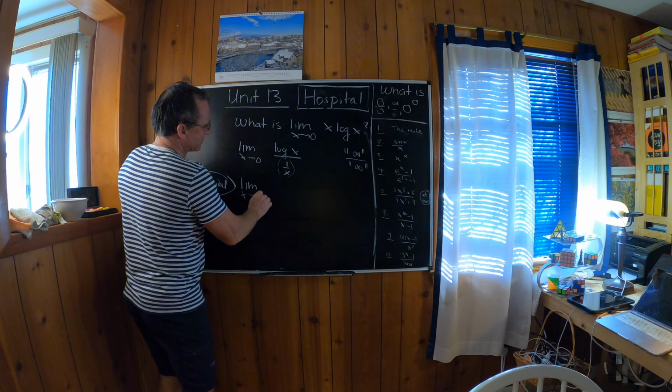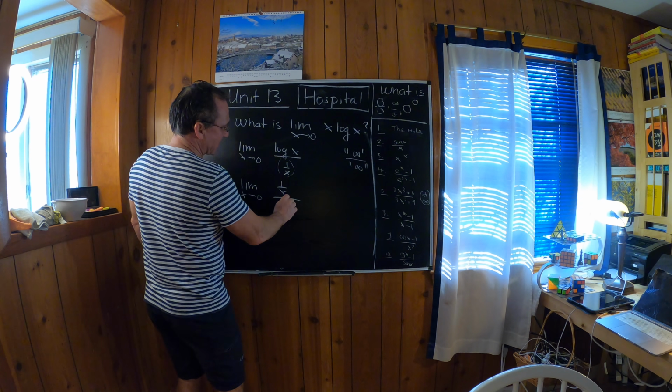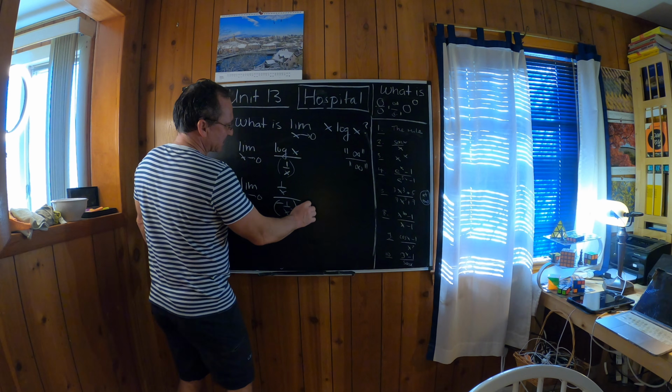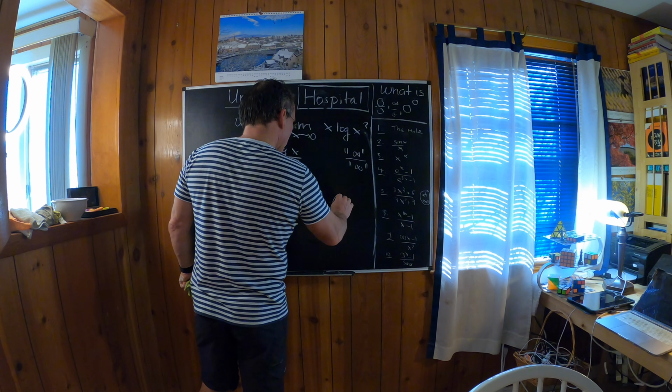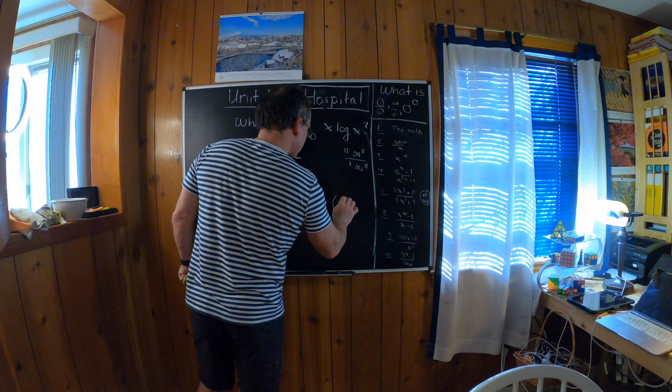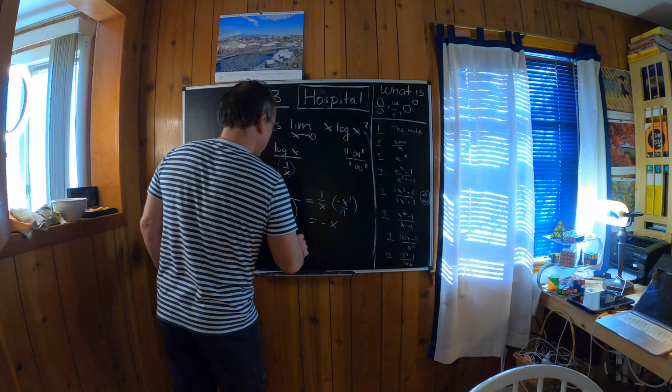Then x goes to 0. The log x has derivative 1 over x. The derivative of 1 over x is minus 1 over x squared. We can simplify that. This is 1 over x times minus x squared over 1. So this is minus x.